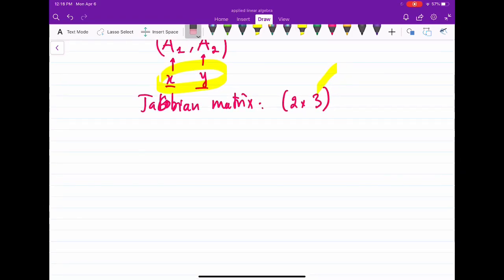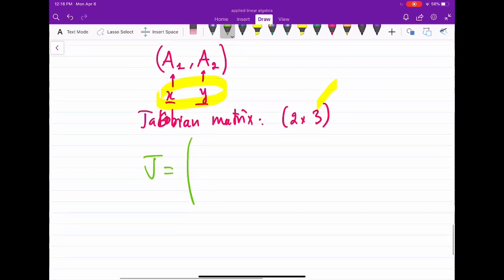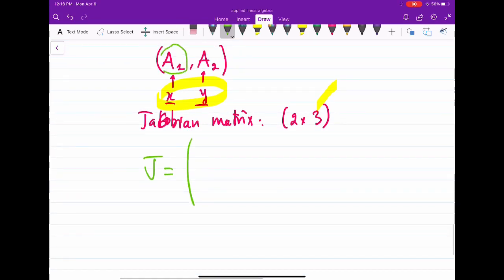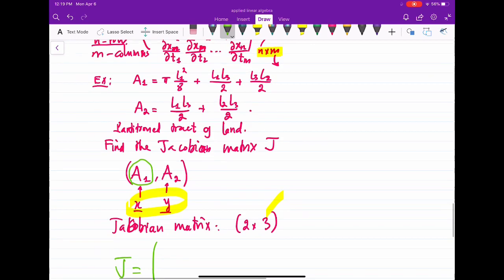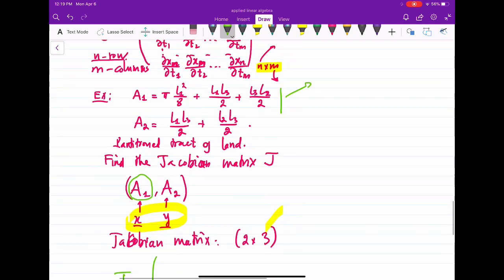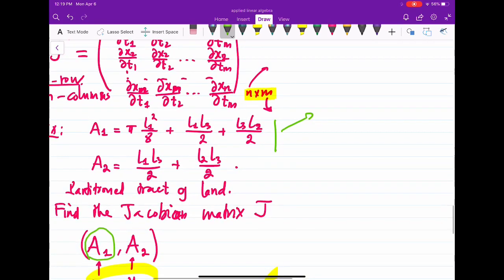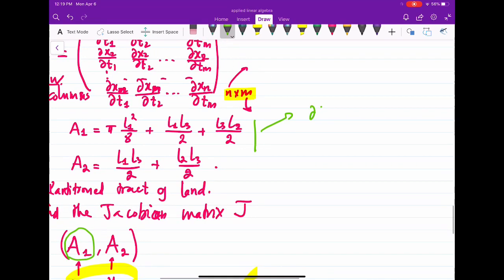So I have J equal to, in the first row, I need to find partial derivative of A1 with respect to L1, L2, and L3. Look at this. Here's A1. I can find it right here and I just copy, okay? So I have partial derivative of A1 with respect to L1. I look at L2 and L3 as constants.